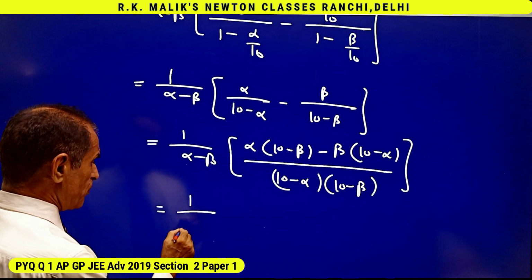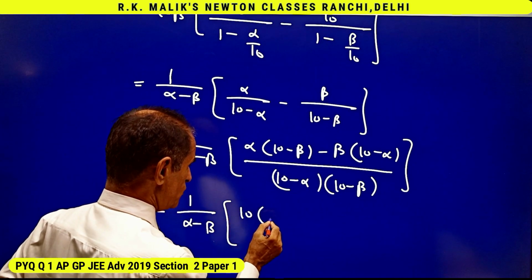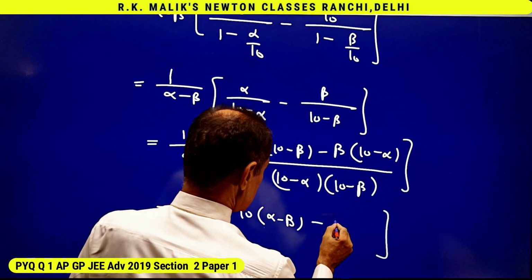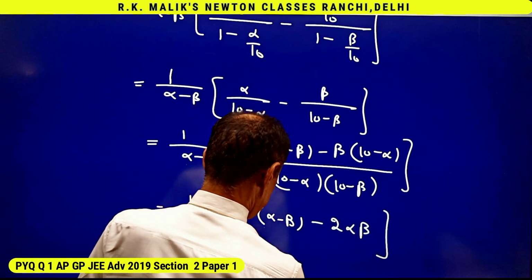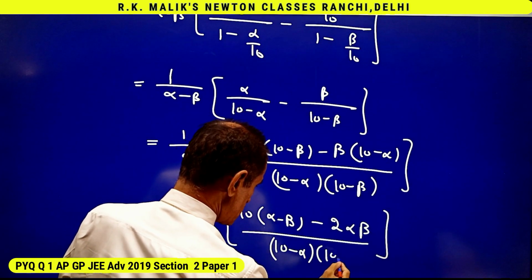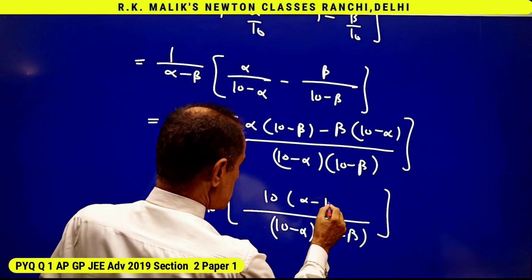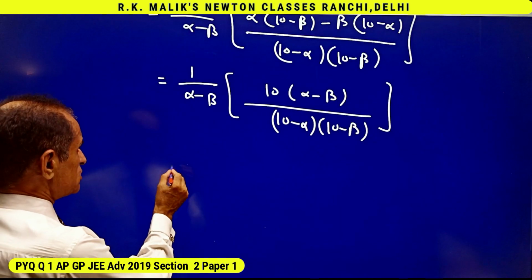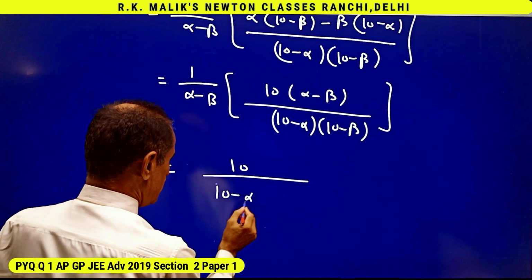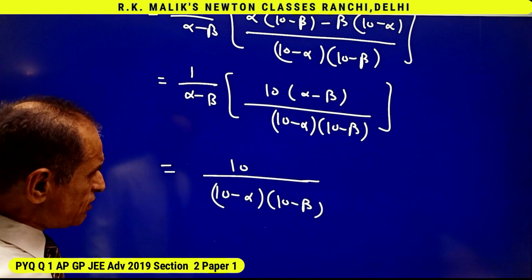Clearly this is equal to 1 upon alpha minus beta, 10 into (alpha minus beta) minus 2 alpha beta upon (10 minus alpha) into (10 minus beta) into (alpha minus beta). That is, you will be getting 10 upon (10 minus alpha) into (10 minus beta).